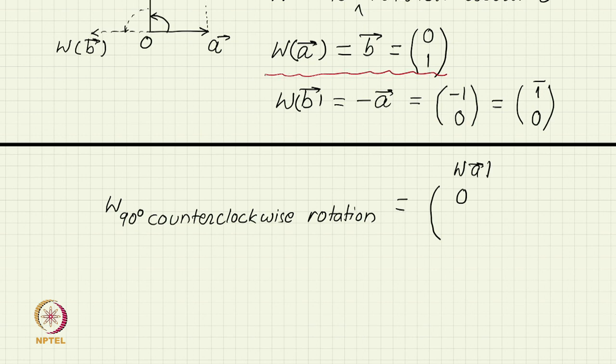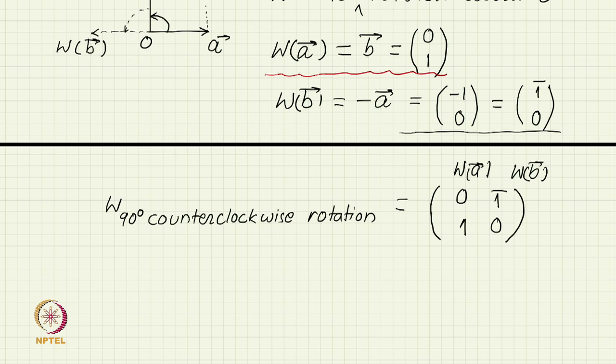The second column is W B, which is bar 1 0.